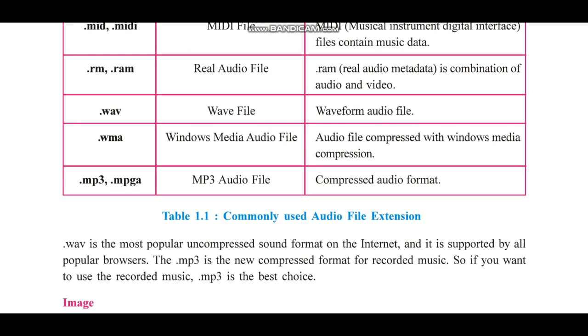.wav is the most popular uncompressed sound format on the internet, and it is supported by all popular browsers like Google Chrome, Internet Explorer, Mozilla Firefox, Opera Mini, etc. The .mp3 is a newer compressed format for recorded music.